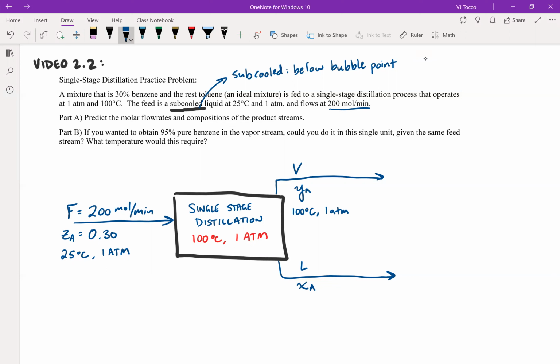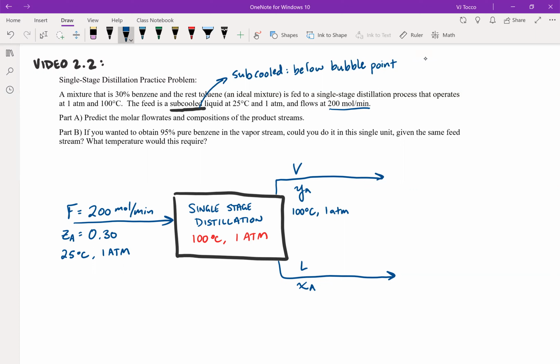I mentioned before, I think in the summary notes for this video, that practically speaking, liquids are a lot easier to handle than vapors because they take up way less space and you don't have to contain them. If I wanted to pump a vapor into an open storage tank, I couldn't do that because the vapor would float away and I'd lose it.